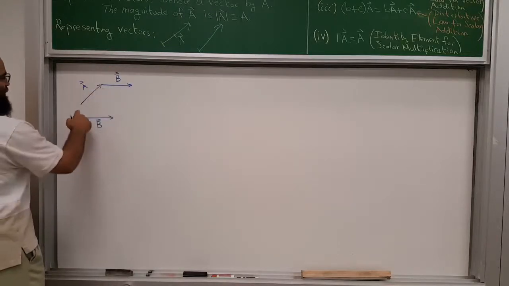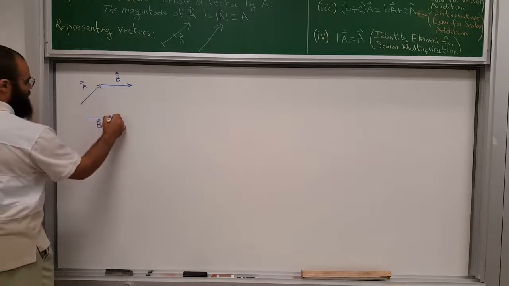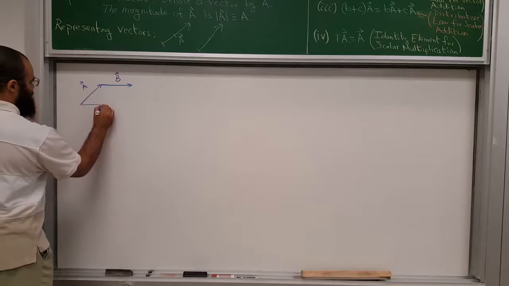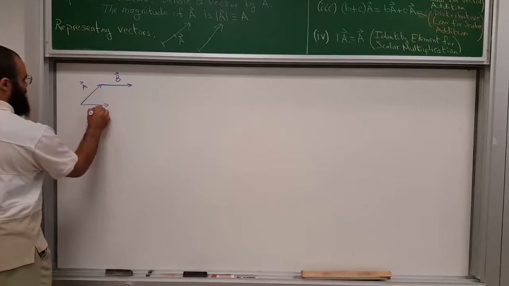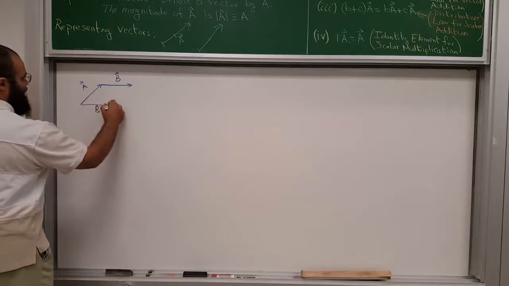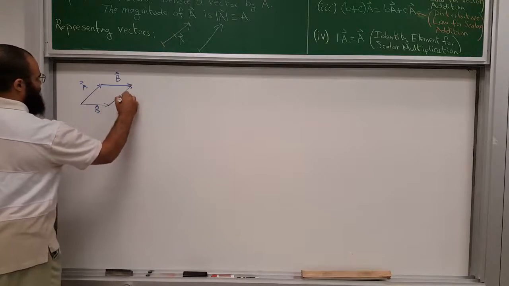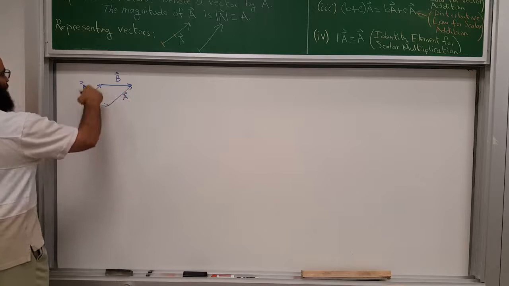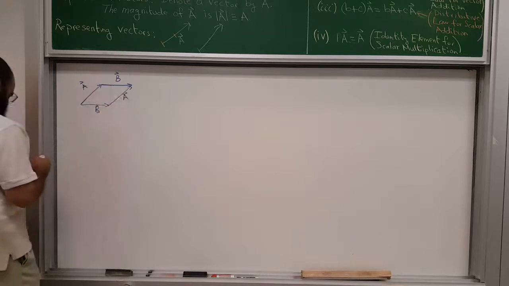Or I can do B plus A. Let me draw B here. Here is vector B. I can do B and then add to it A later. Either way, I go from here to here and then from here to here, or the other way around. That's the same.